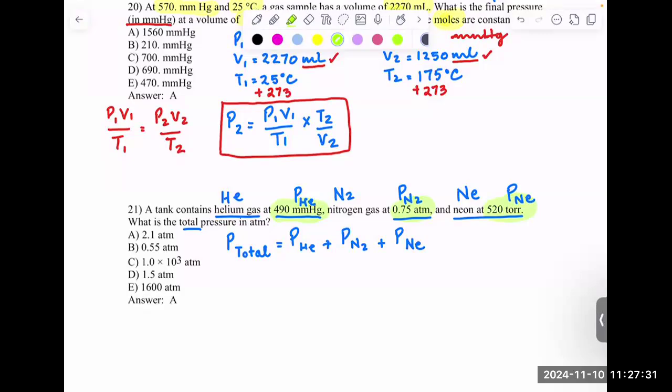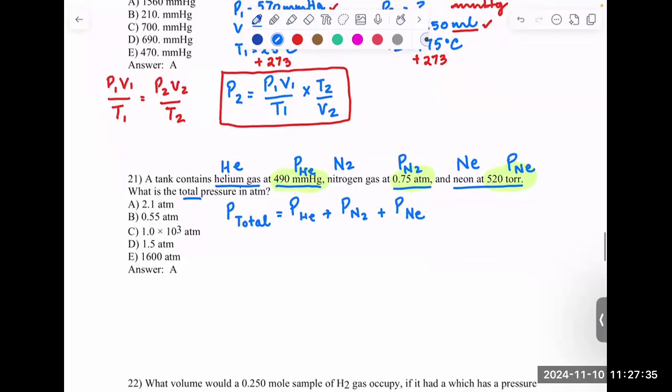So we have to equalize them, make them all one. We know that 1 atm is equal to 760 millimeters of mercury, and it's easy to do with atm, fewer numbers. So it is also 760 torr.